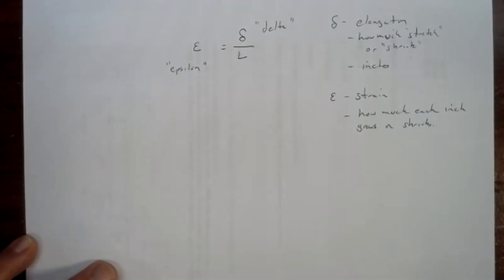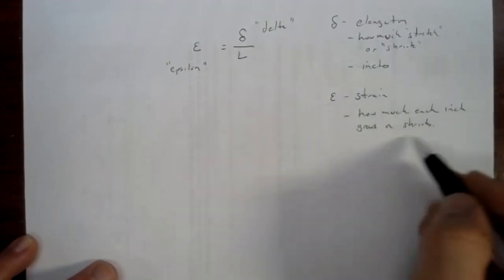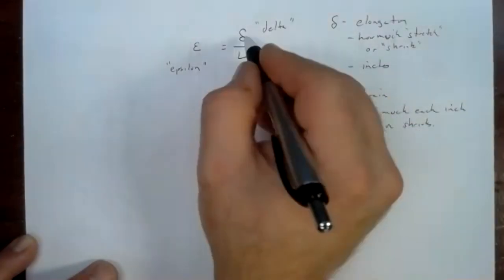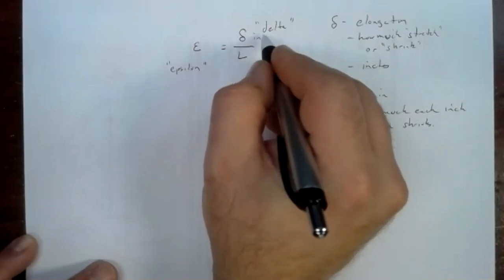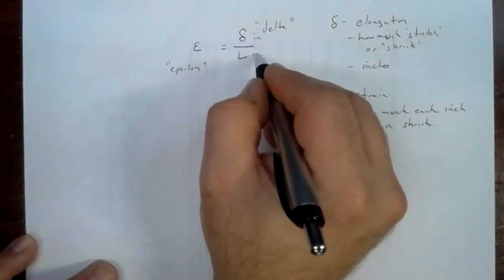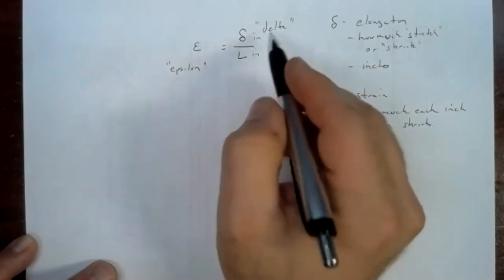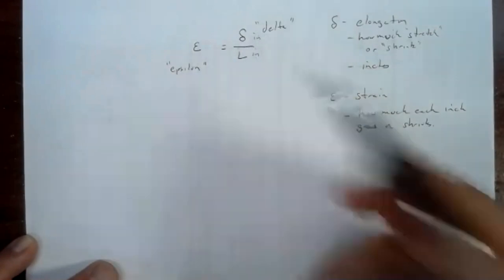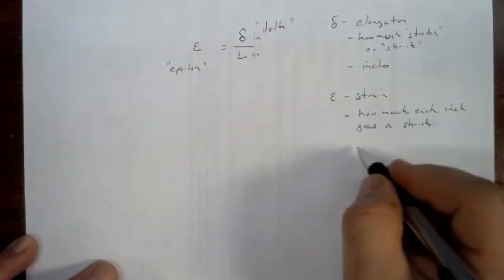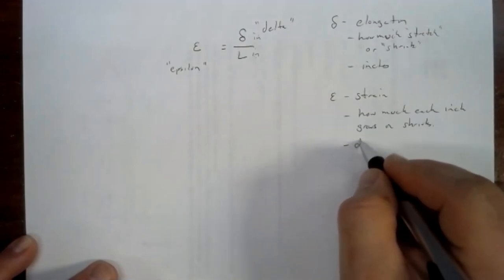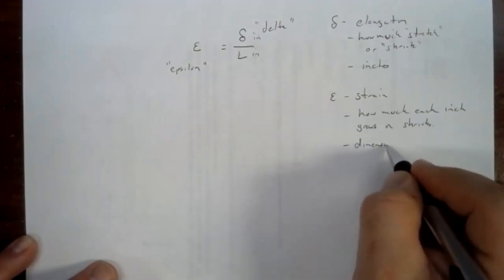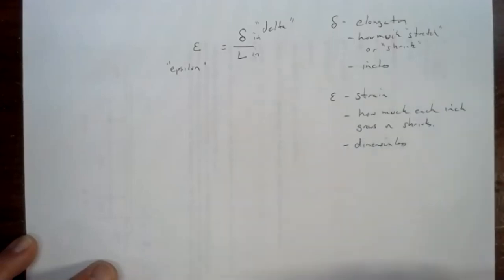Now, in fact, if we look at the units on it, delta is typically in inches. The length is typically in inches. If we've got the same units in the top and the bottom, they cancel out. Epsilon, the strain, is dimensionless. It's a ratio.